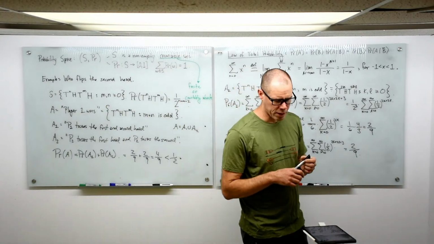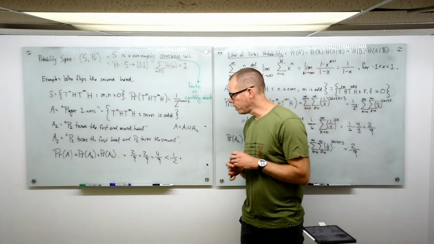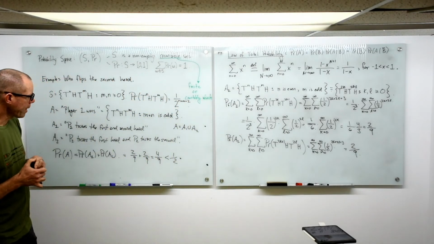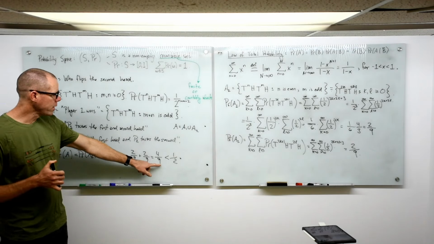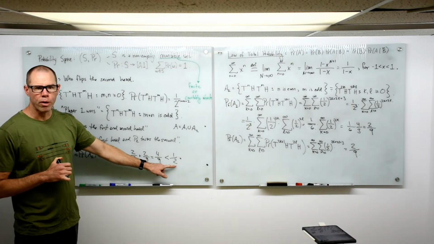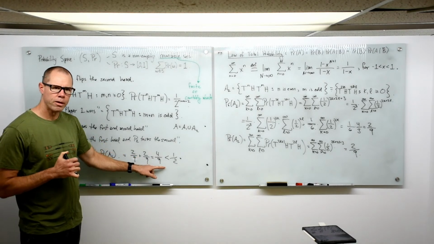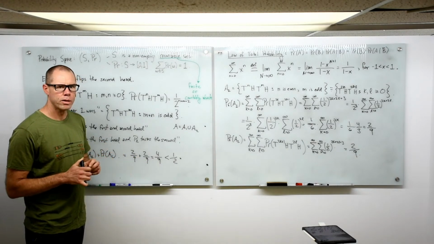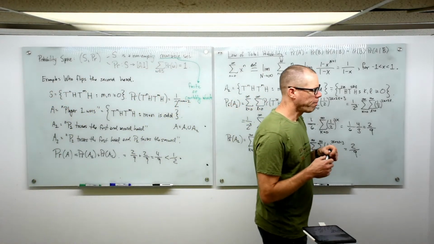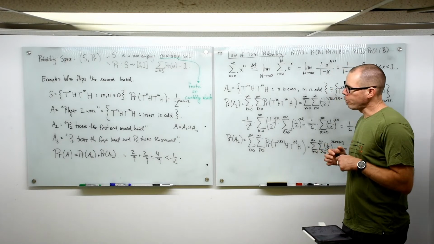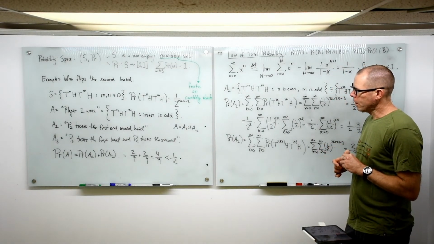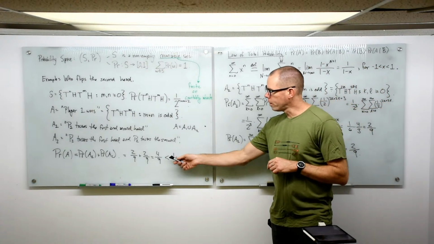So for those of you who guessed player 2 has the advantage, you were right, because the probability that player 1 wins is only 4 out of 9, and 1/2 is 4.5 out of 9, so the probability that player 1 wins is less than 1/2. So player 1 is at a disadvantage. Player 2 has the advantage in this case, and now you know exactly how much the advantage is.